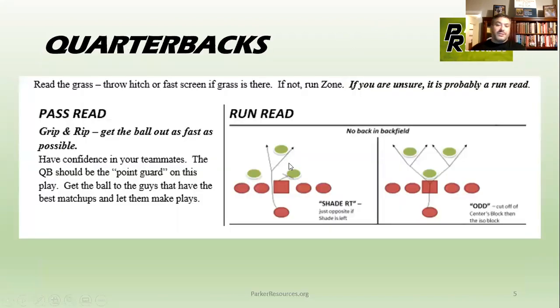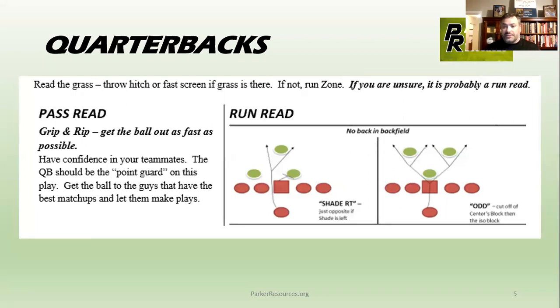So I broke it down by positions because we're only talking about a few plays tonight, so we've got a little more time to get into it. The quarterbacks, it's a pre-snap RPO. We're going to decide before we snap the ball, am I throwing it here, or am I running? If he's throwing the screen or the hitch, some people do it a little differently, but we were going to throw it the same way. It was just a grip and rip.